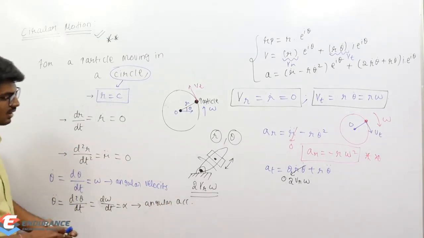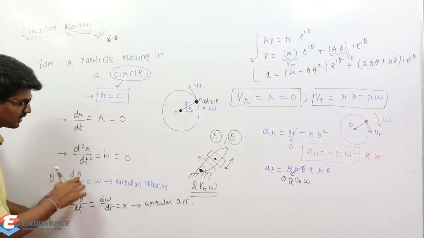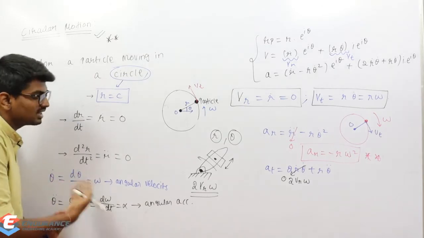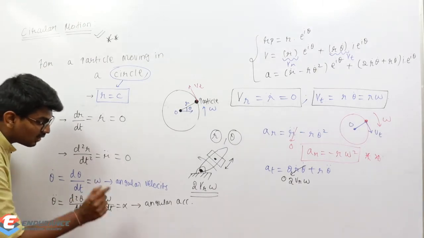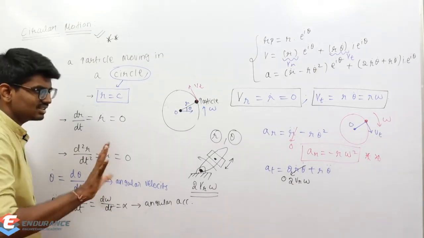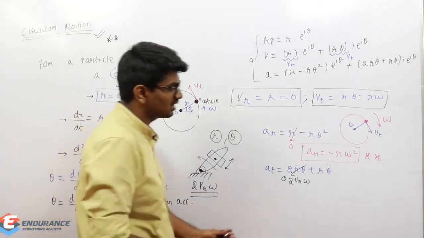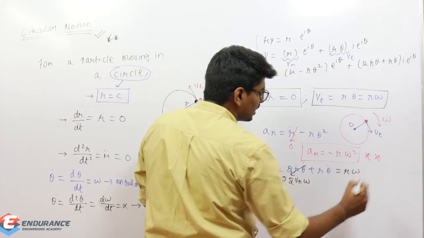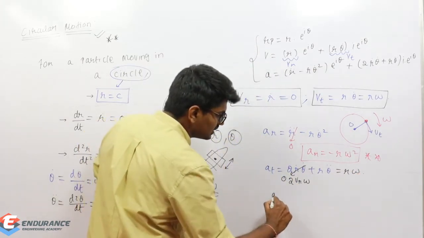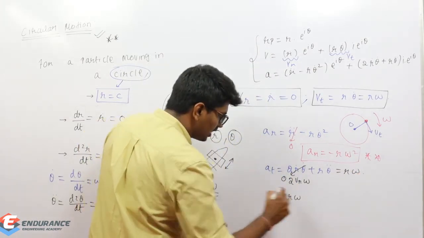Angular velocity means how angular displacement is changing with respect to time. Angular acceleration means how angular velocity is changing with respect to time. So instead of theta double dot, I can use alpha, and the tangential acceleration is going to be r alpha.